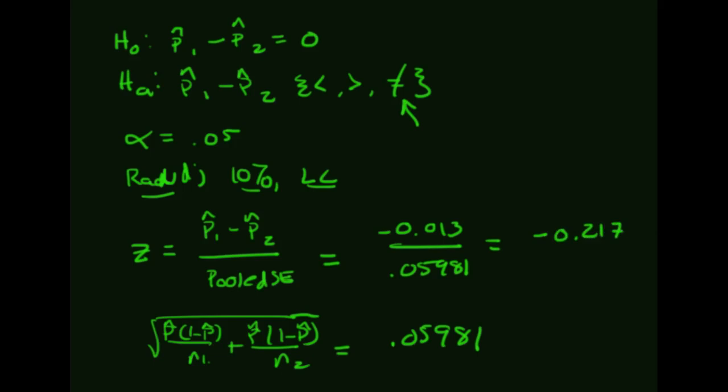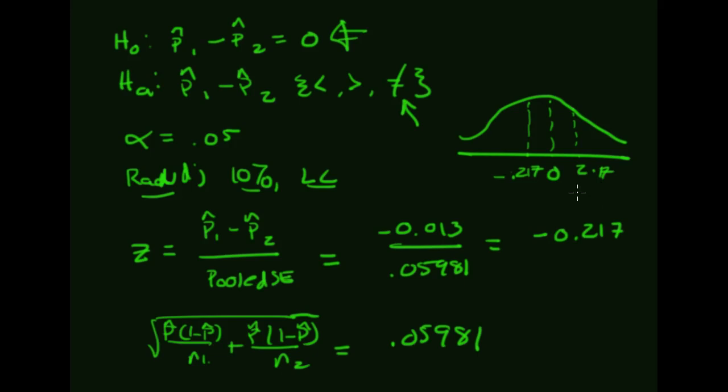So let's think about what this looks like graphically. I'm going to suggest that my mean is 0, from my null hypothesis. Negative 0.217 is my z-score, but I want to be as extreme or more extreme than that in either direction since I'm doing the two-tailed test. So I want to be 0.217 here.